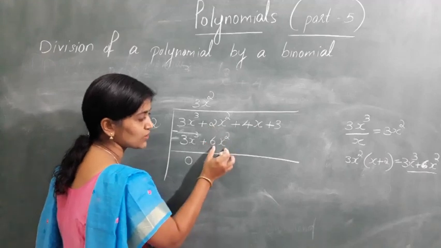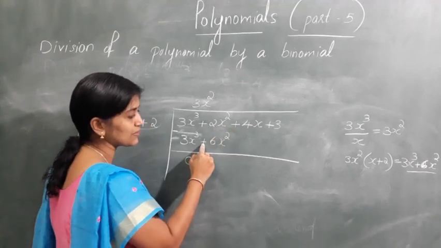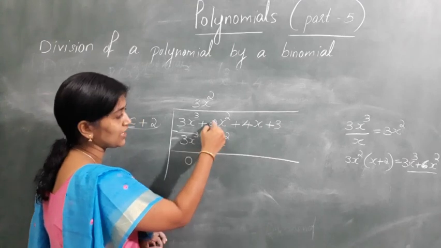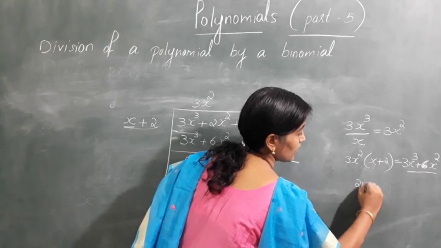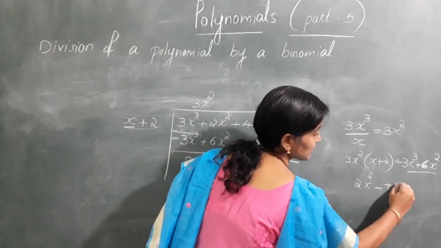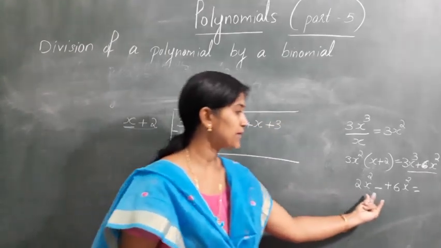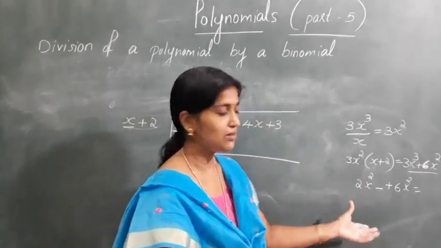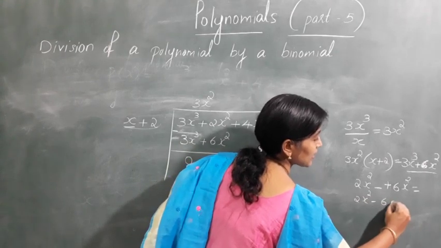Next we have to do the subtraction. Here we get 2x square, and it is positive 6x square here. So you can directly subtract: 2x square minus plus 6x square. When you subtract it, we know plus and minus becomes minus. So it is actually 2x square minus 6x square.